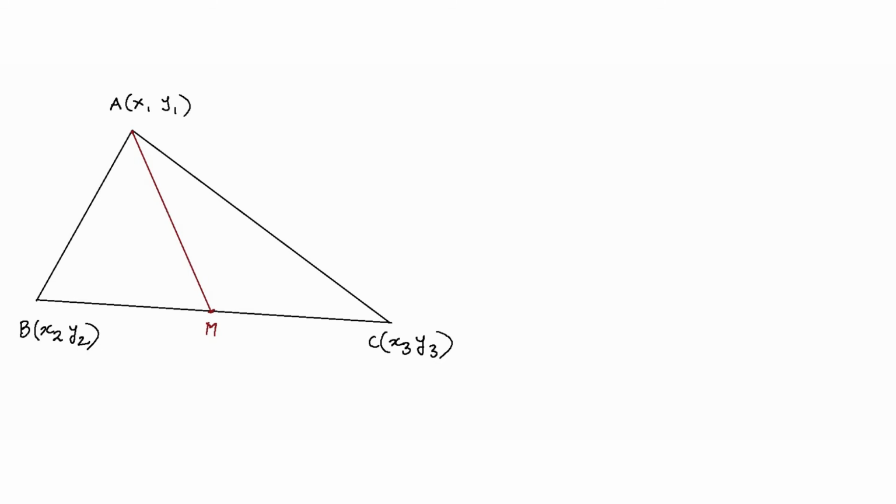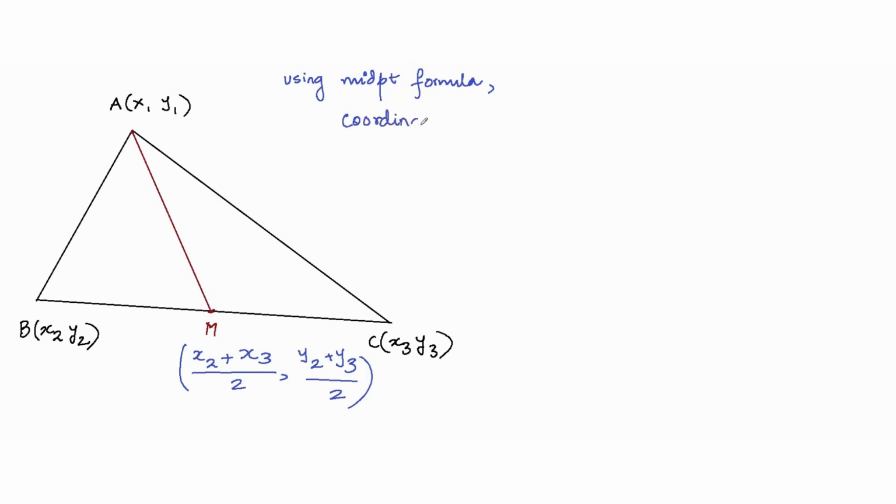So is it possible to calculate the coordinates of M? Using the midpoint formula, I can now find the coordinates of M. M is the midpoint of BC, so the coordinates of M are going to be the average of the coordinates of B and C. The x coordinate of M is going to be the average of the x coordinates of B and C. So it is going to be (x2 + x3)/2, comma (y2 + y3)/2, because the midpoint formula says that the x and y coordinates are basically the average of the coordinates of the endpoints of the line segment.